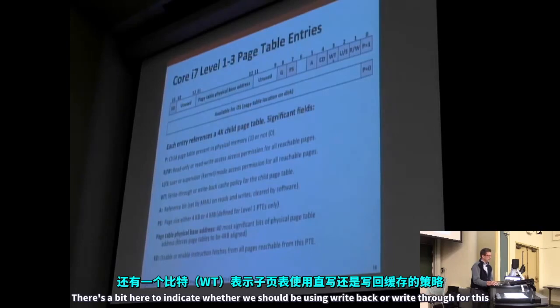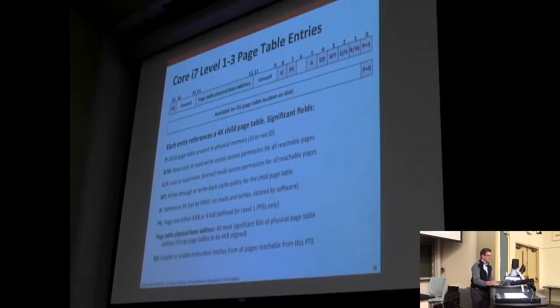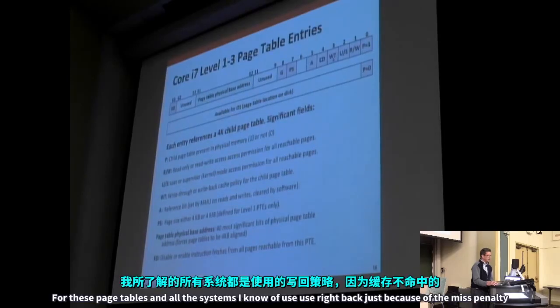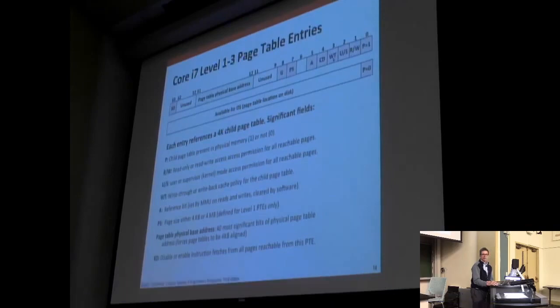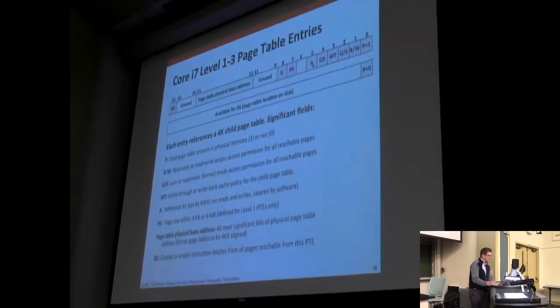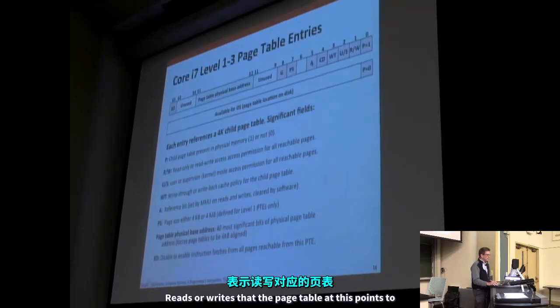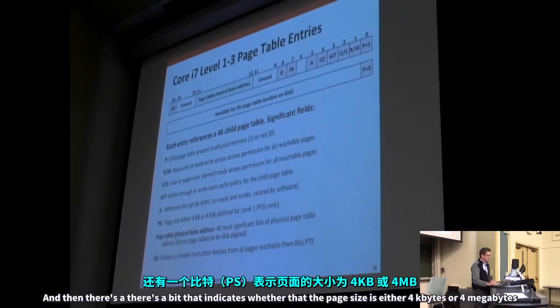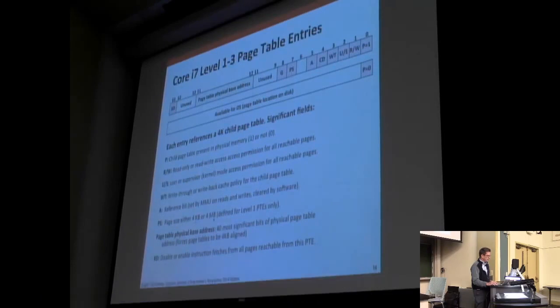There's a bit here to indicate whether we should be using write back or write through for these page tables, and all the systems I know of use write back just because of the enormous miss penalty. I forget what CD does. There's a reference bit which is set when the MMU reads or writes the page table that this points to, and then there's a bit that indicates whether the page size is either 4K bytes or 4 megabytes.